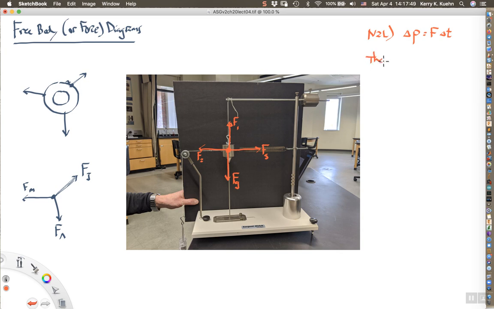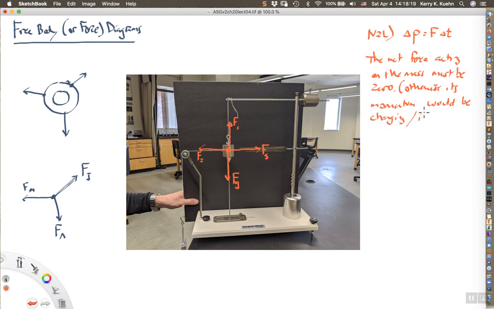So the net force acting on the mass must be zero. Otherwise, its momentum would be changing, that is, it would be accelerating.